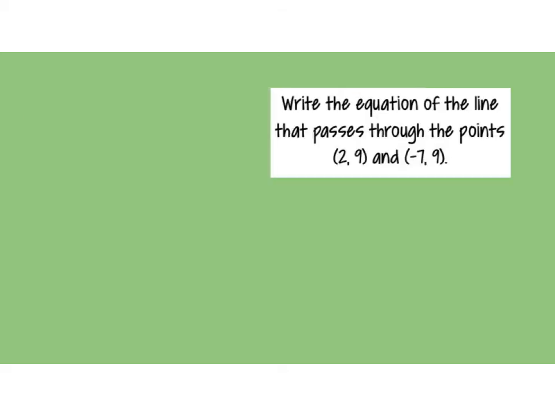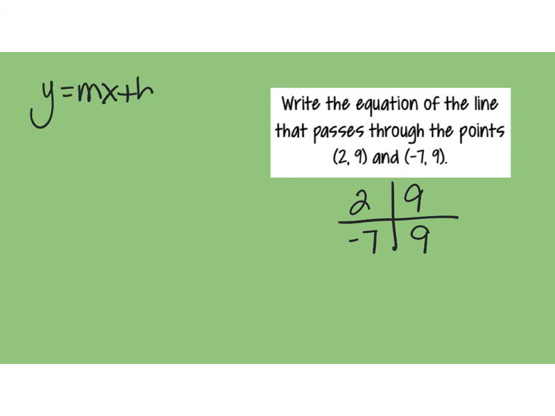So here we have another situation. I'm going to go ahead and create a little mini table with what I have. So I have 2, 9 and negative 7, 9. If we're going to write our equation in y equals mx plus b format, we need an m and we need a b. So let's go ahead and find our slope.